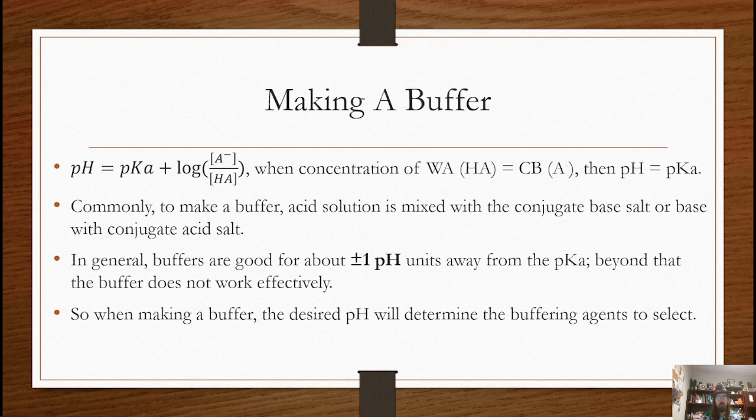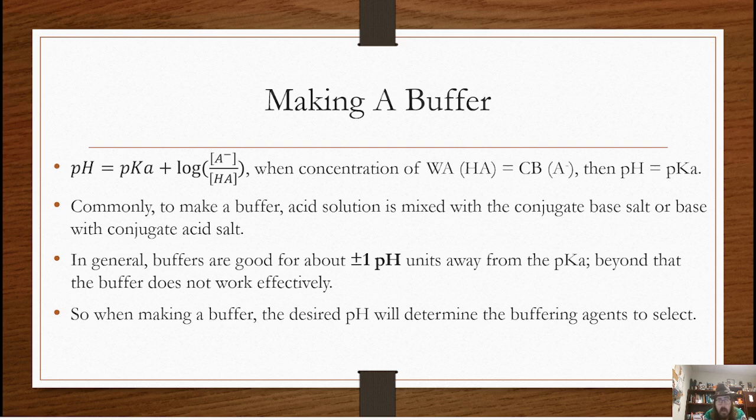We can mix an acid solution with the conjugate base salt, for example, or a base with the conjugate acid salt, or we could take a high concentration of buffer and partially neutralize it. But generally speaking, these buffers work effectively only within about plus or minus 1 pH unit away from the pKa. Beyond that, the buffers do not work very well, because remember, this is a logarithmic scale.